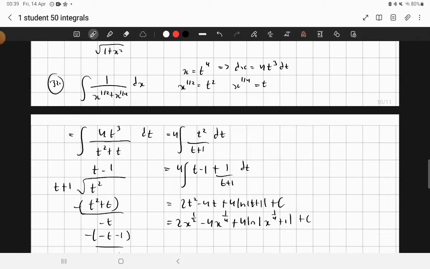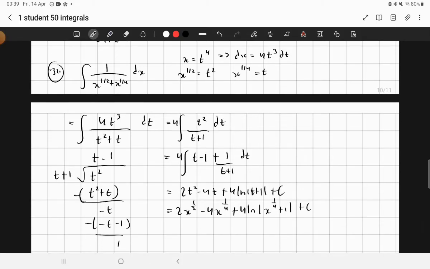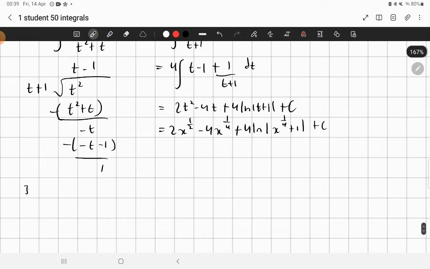Alright, got the answer. So let's go to question 33 now. Wow. Question 33 doesn't hold back at all. How many pages have I been doing? 11. Correct. Cool. Question 33.